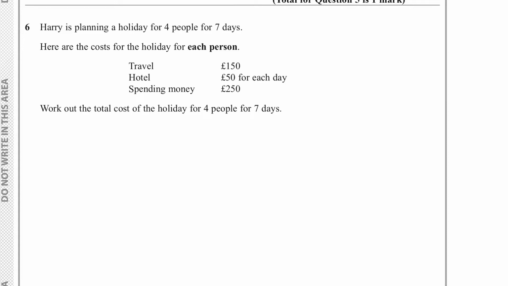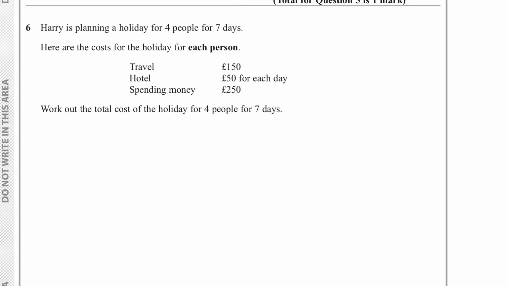So I know that travel for all 4 people will be 150 times 4, which gives us £600. Then remember, hotel is £50 per day, and it's for 7 days. So for the hotel, 50 times 7 is 350. So it's £350 for 7 days for one person.